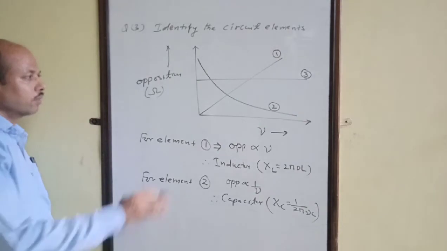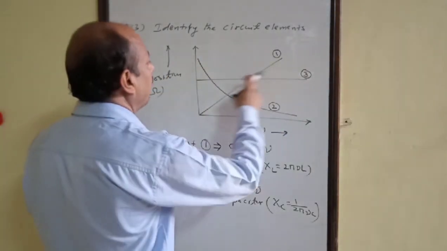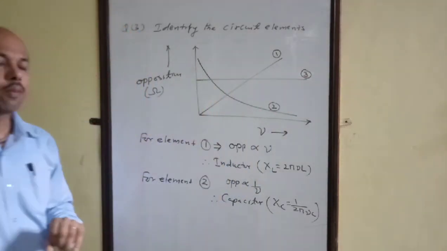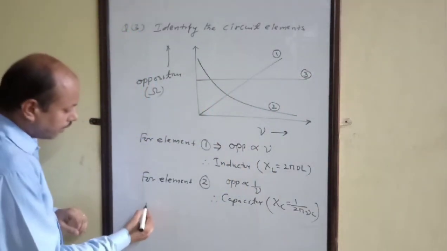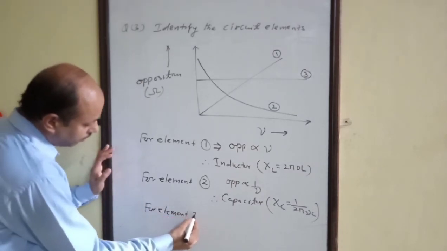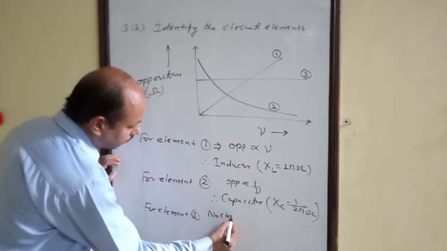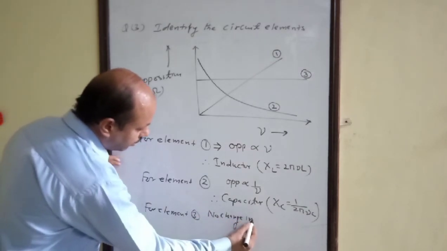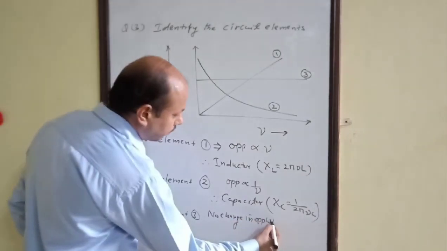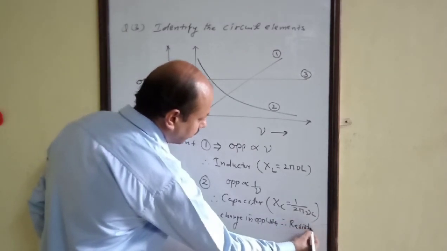And the last one, I think without solving you can easily identify. It is unchanged, it is not changing with frequency. It means for the third element, there is no change in opposition with frequency, therefore it is a resistor.